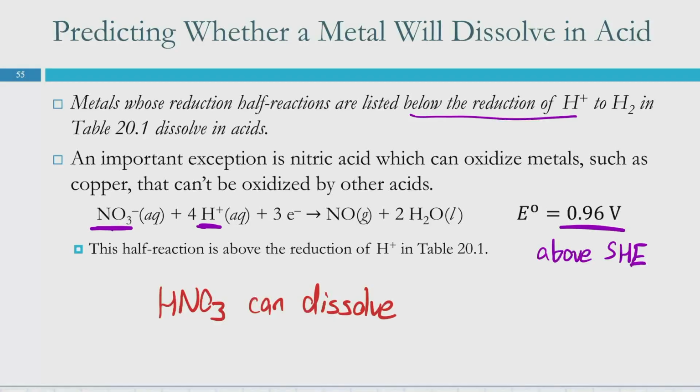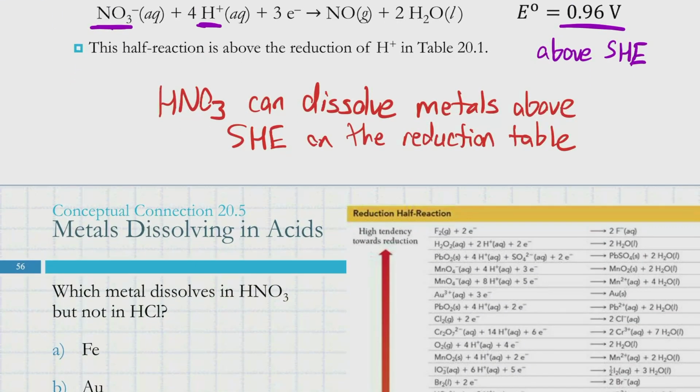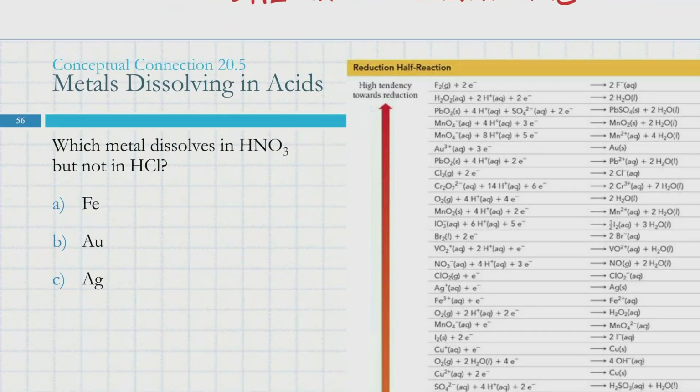So nitric acid can dissolve metals above the standard hydrogen electrode on the reduction table. Or the standard cell potential table. Okay, and here's a look at doing this.